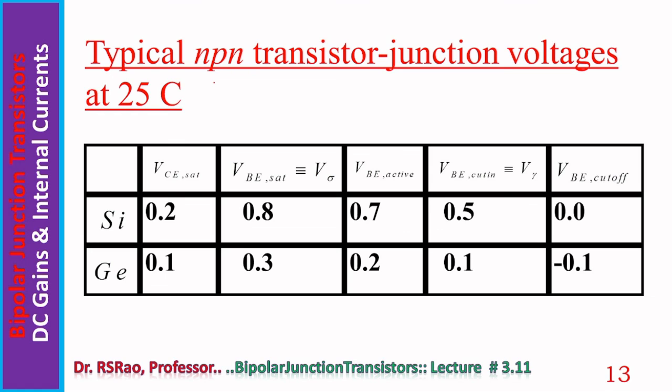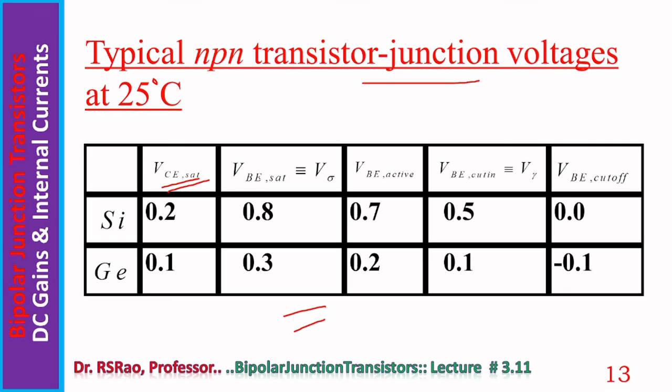Before closing the session, a few points regarding transistor junction voltages at room temperature for silicon and germanium are given here. VCE sat means the voltage between collector and emitter when the transistor is in saturation.